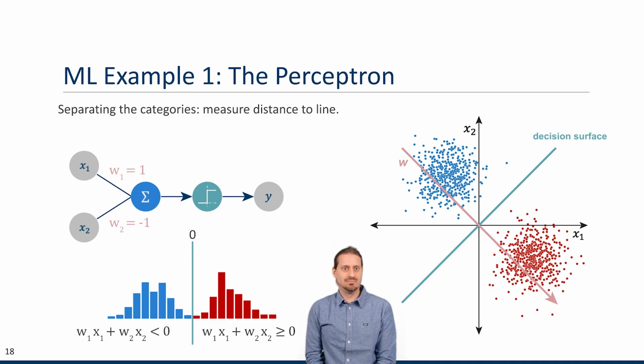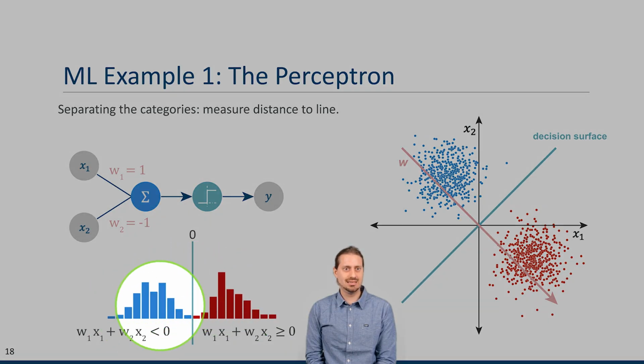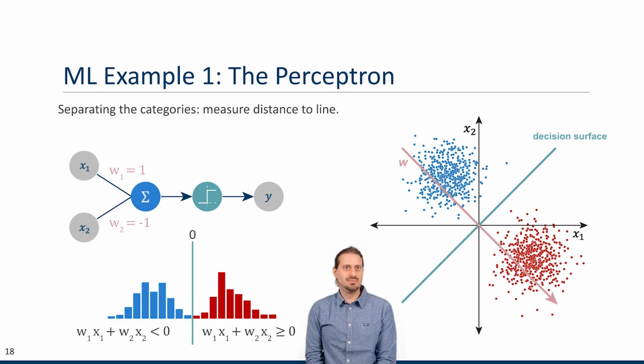And then we can pretty easily see how we can use this to categorize our data. We can just say that everything here to the left of our decision surface is category A, or the blue category, and everything to the right is category B, or the red category. And this means in order to classify the data, we now just need to threshold these distances.